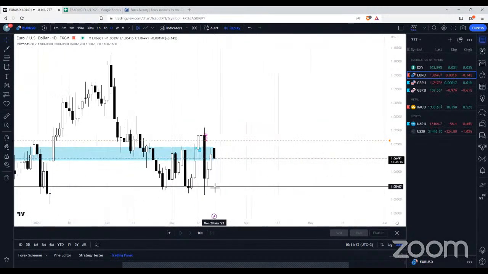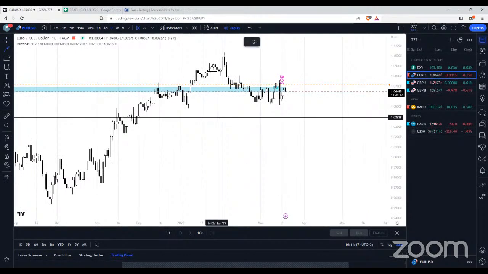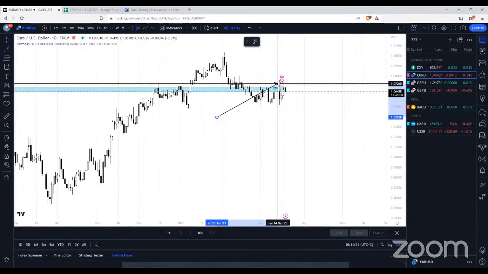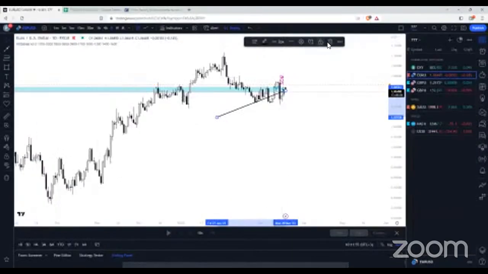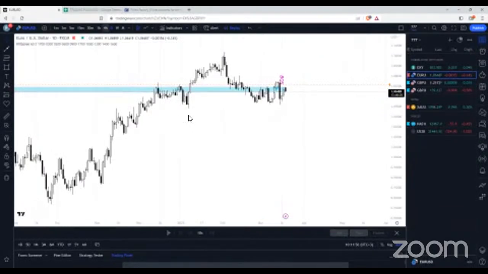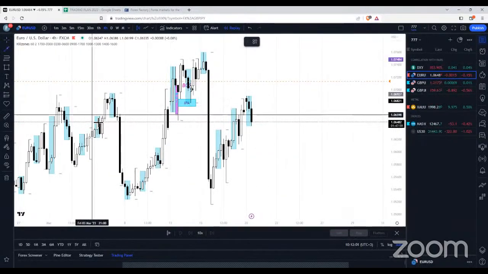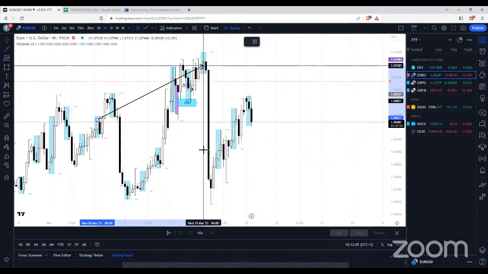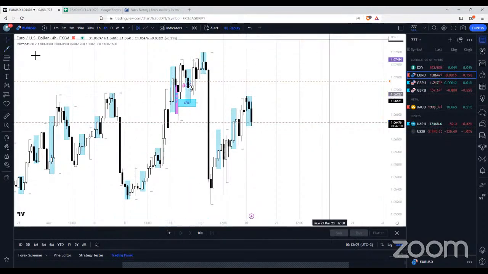Right now you can see that we accumulated lower low, lower low, break, push down, accumulate. But one thing I am noticing is that the 4 hour is completely opposite as of right now. You got the higher low, higher high, complete break, right? Just a beautiful break.